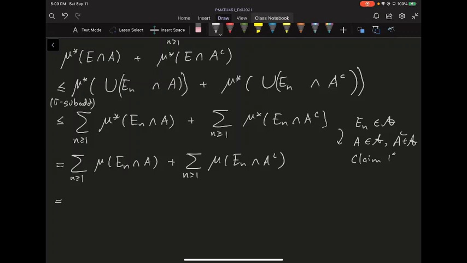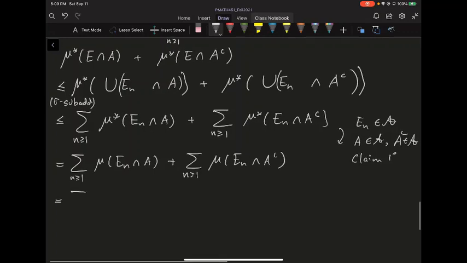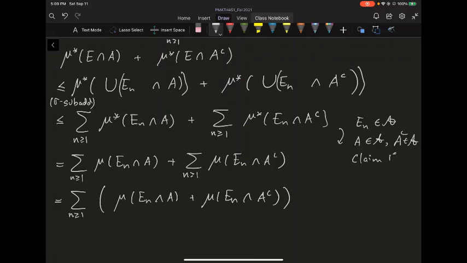And now we have two infinite sums. We can put them together, so let's just group them up. So this is mu of En intersect A plus mu of En intersect A complement. And now you notice one thing: the En intersect A and En intersect A complement are actually disjoint.